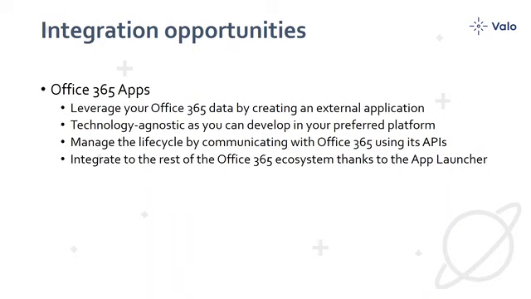The Microsoft Graph is an API that covers pretty much all technologies that exist in the Office 365 suite. So talking about Exchange, Skype, SharePoint, Azure AD, Office 365 groups, there's a bunch of them that are all going through that same API.